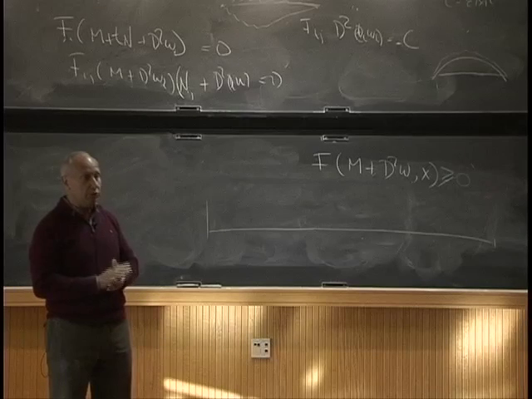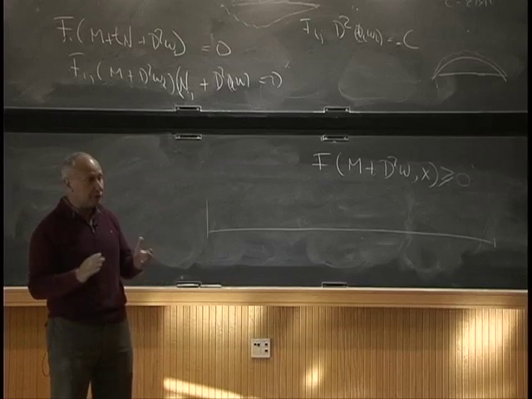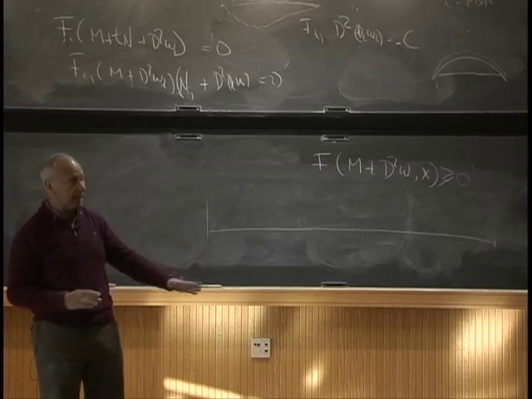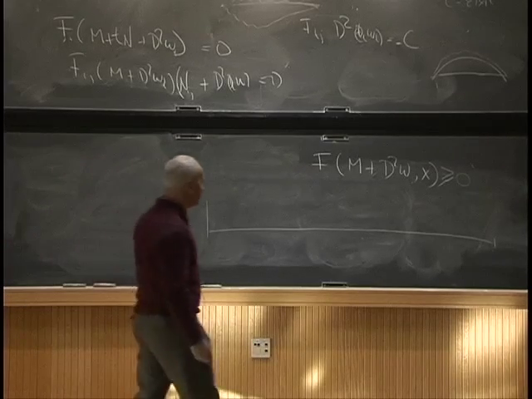So I said, okay, I'm going to do the Perron method. I'm going to take all super solutions. But when I try to go through 0, I'm going to stop there. Okay?